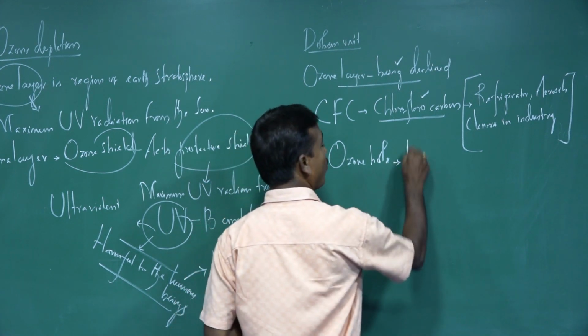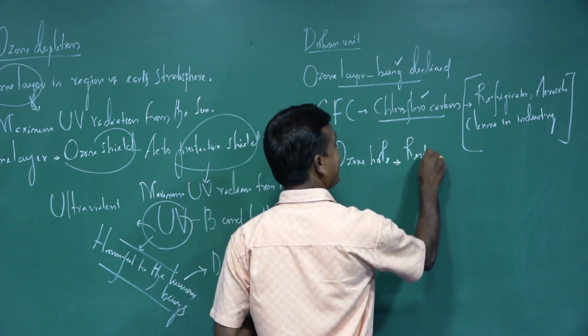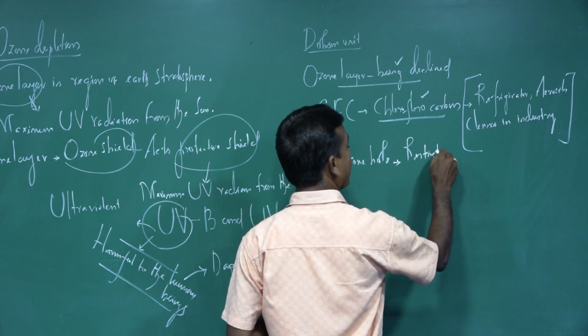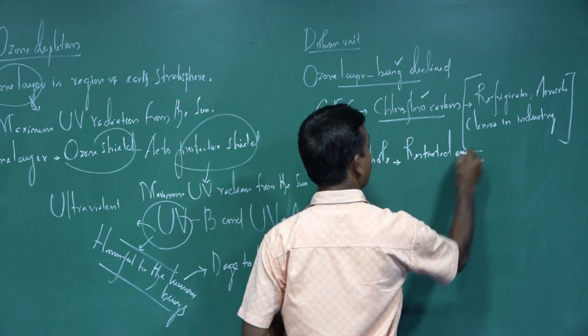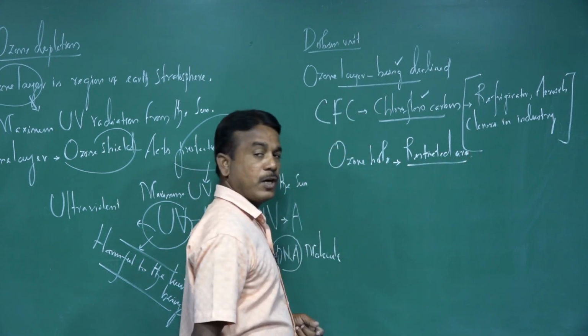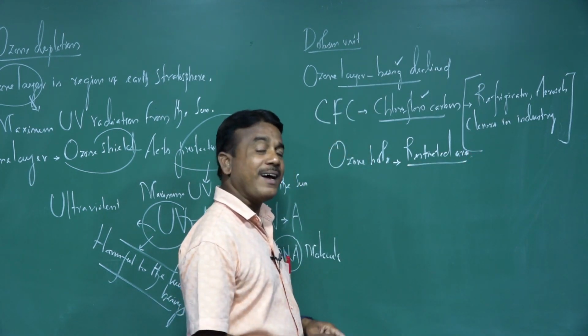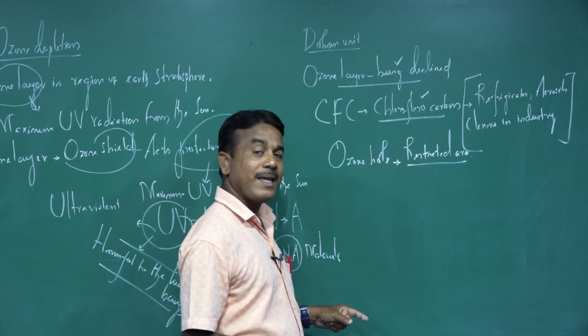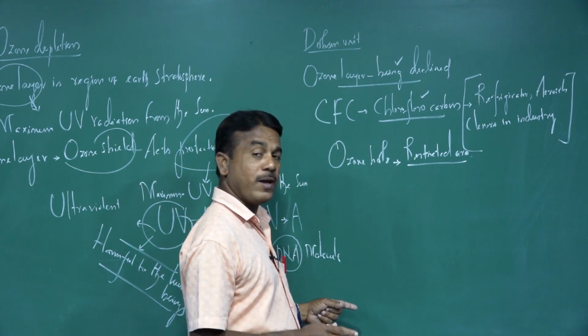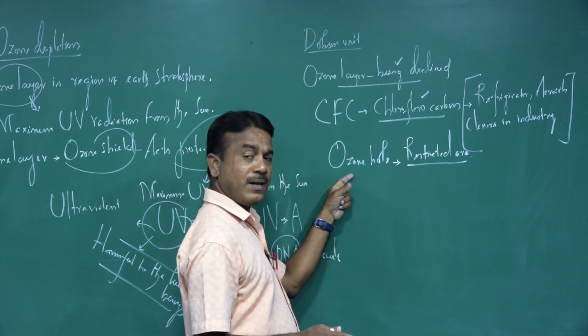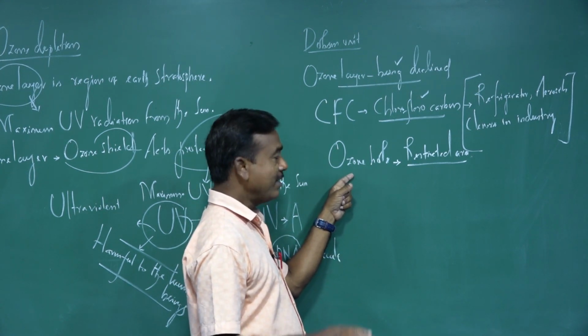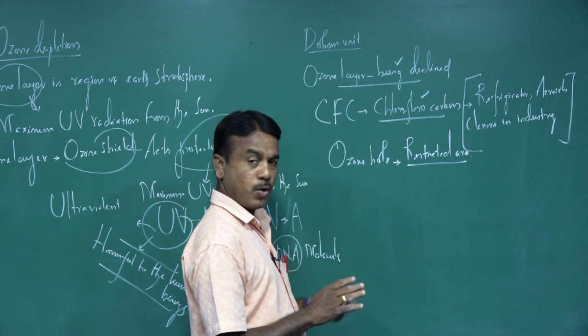It can happen only in a restricted area. That is why the hole does not occur uniformly. Here and there it happens. So the ozone hole does not happen in all areas. It happens only in restricted areas.